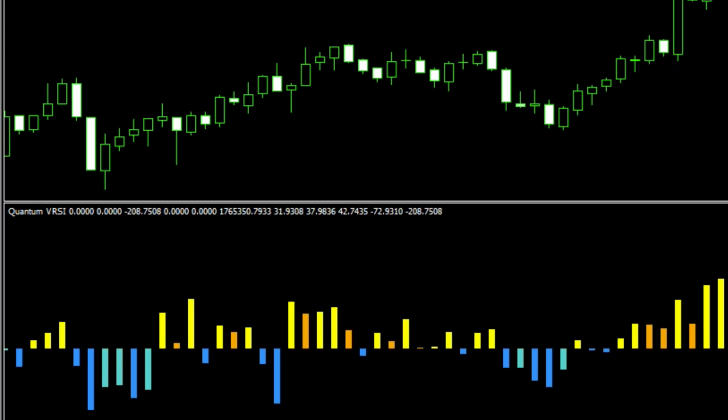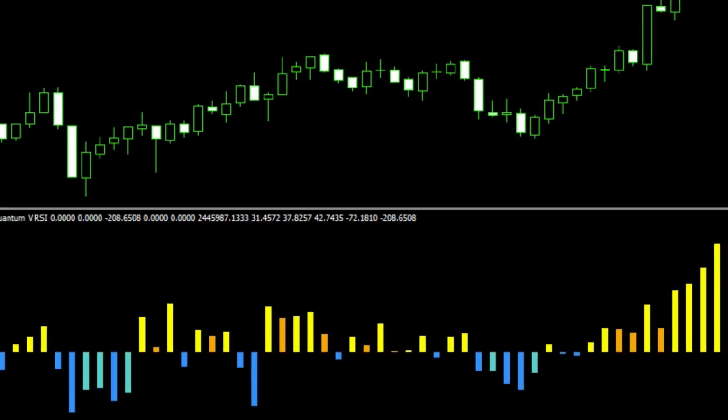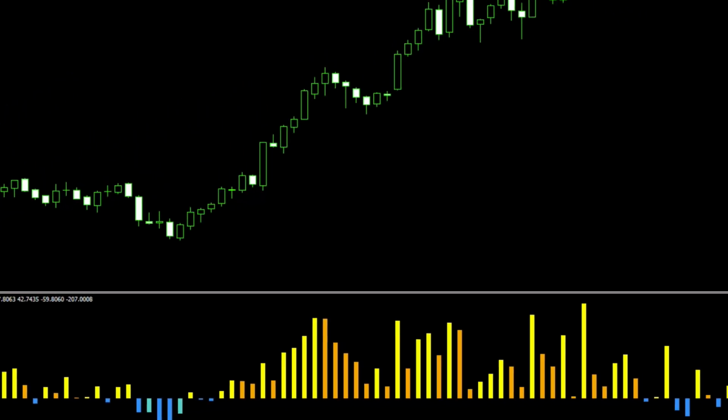They change color to indicate that we have bullish sentiment here, but nevertheless, the height of those bars signals to us that the strength in this trend is relatively weak. It's modest.